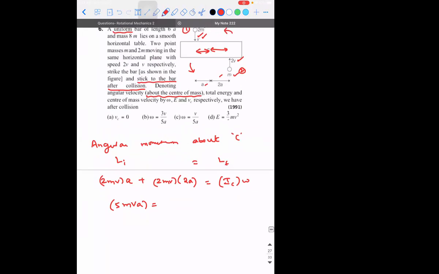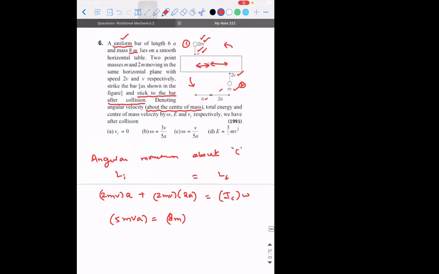Here the mass is 8m, and the length is 6a, so 8m into 6a square divided by 12, plus.